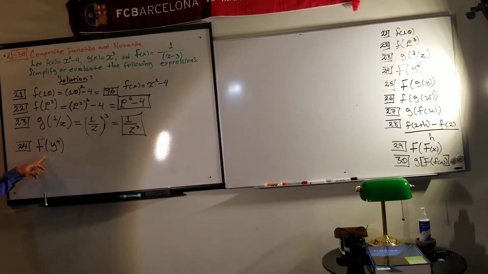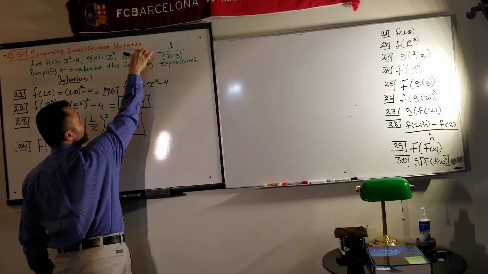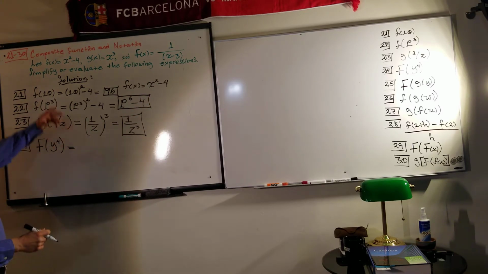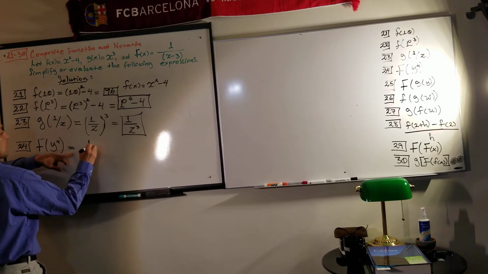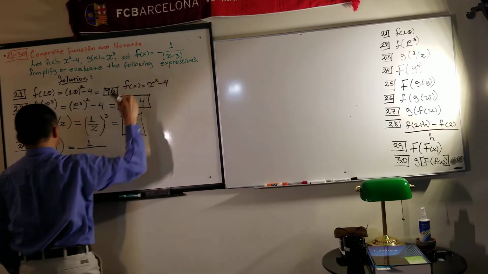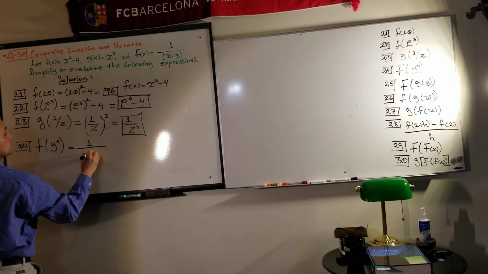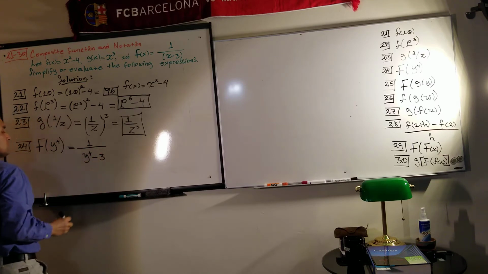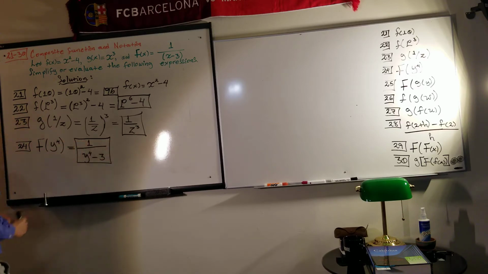So in this case, we substitute y to the 4 for x in the capital F function. This is pretty much similar to the previous problems. This is equal to 1 over x, which in this case is y to the 4, minus 3. And that is the solution for problem number 24.